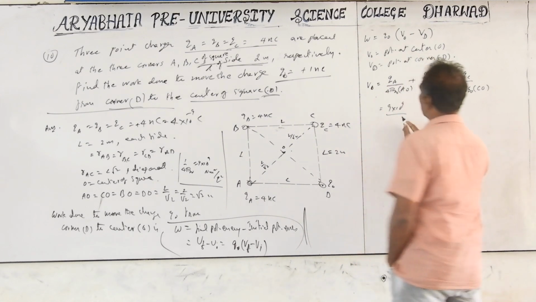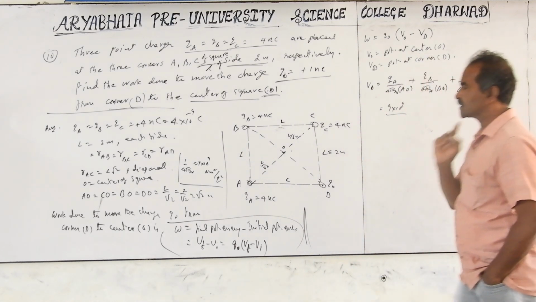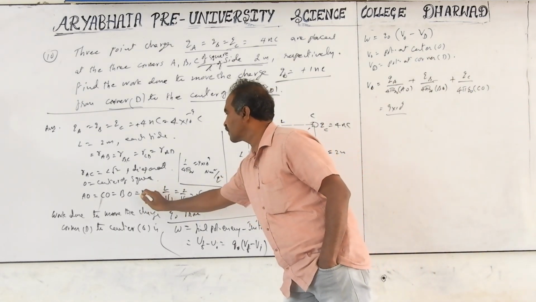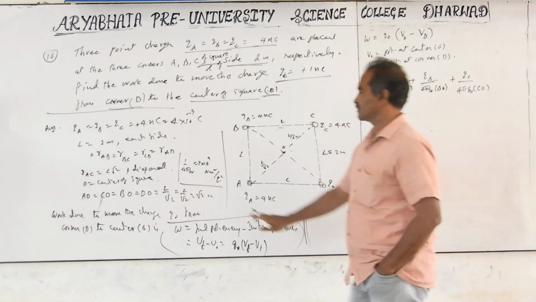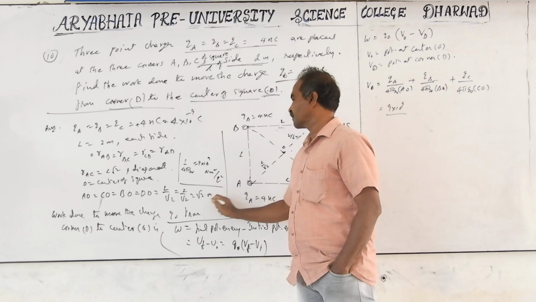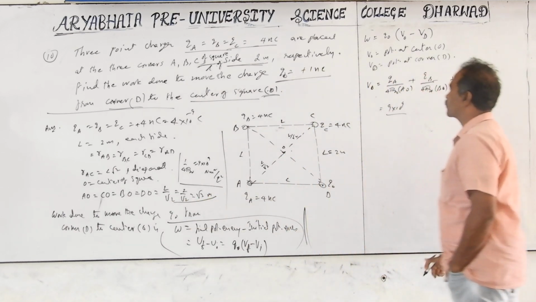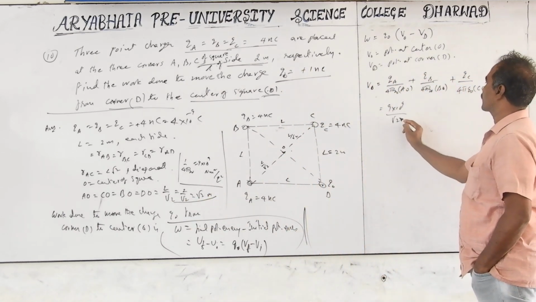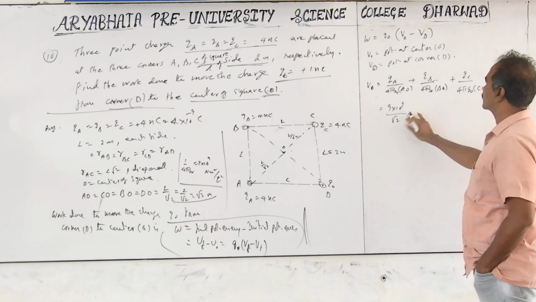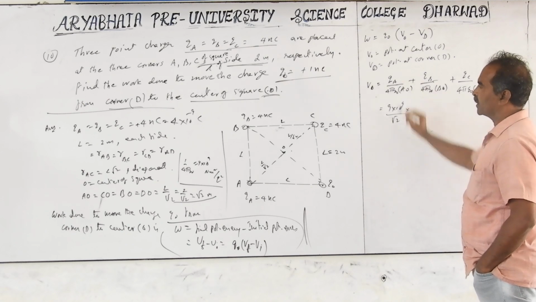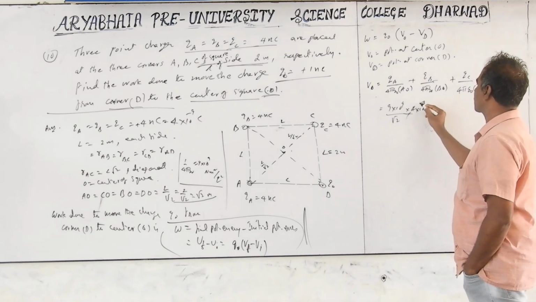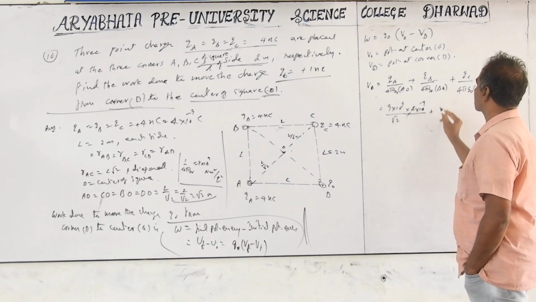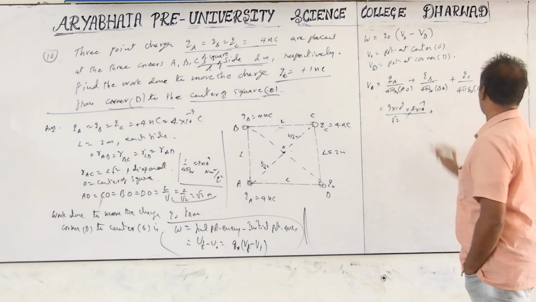So all the distances are root 2 meters. This is 9 into 10 to the power of 9 by root 2, into QA. QA is 4 into 10 to the power of minus 9, plus 1 by 4 pi epsilon naught.